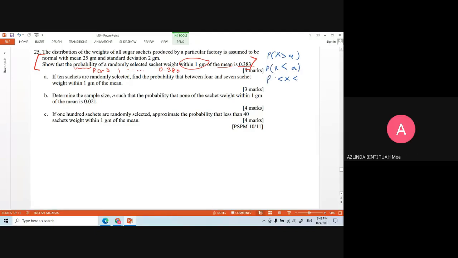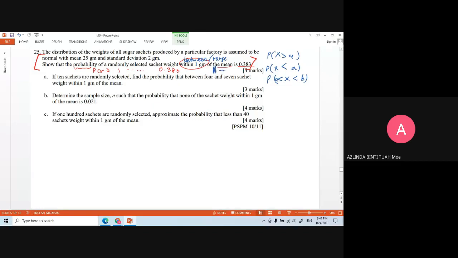Kenapa in between bukan greater than, less than? Sebab dia macam approximation. Within is between, yes. Maksud dia di antara, di dalam range. Maksudnya mean tu di tengah-tengah.